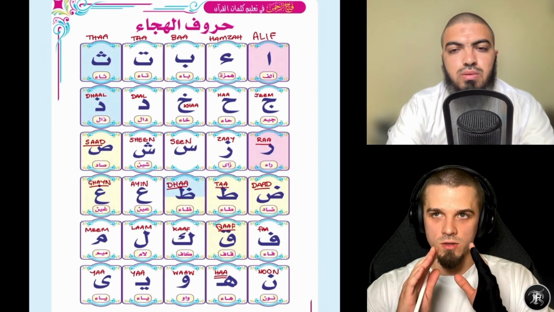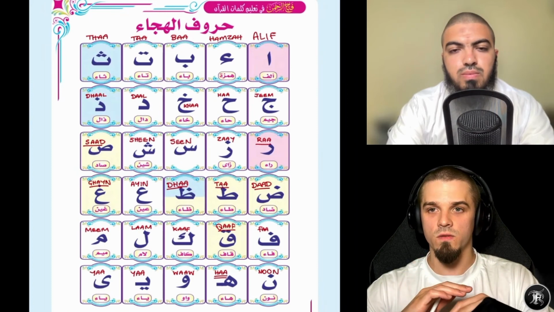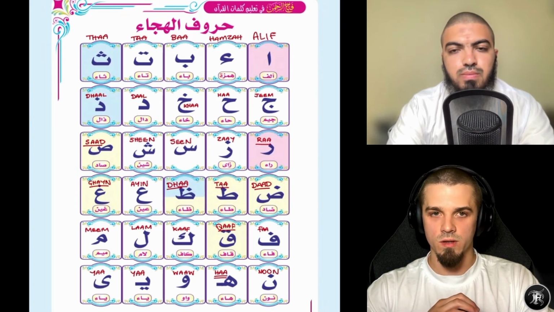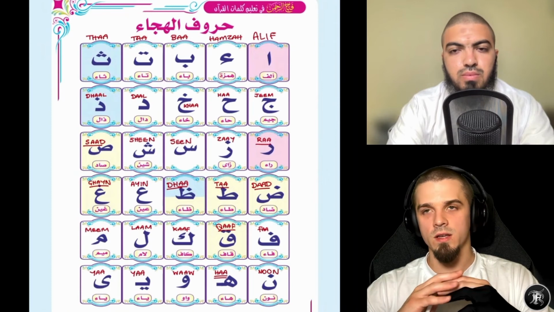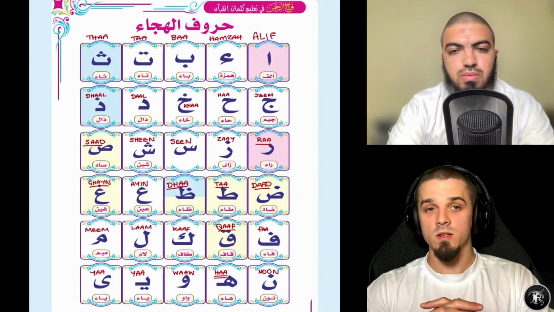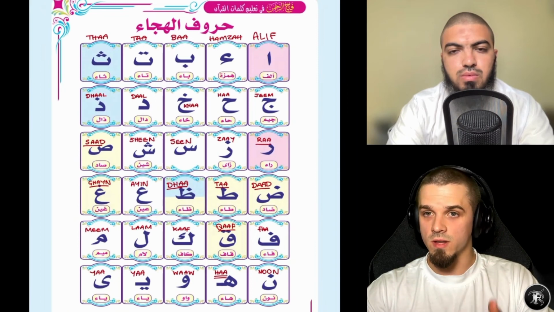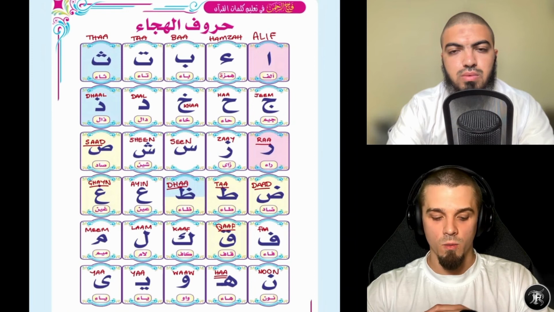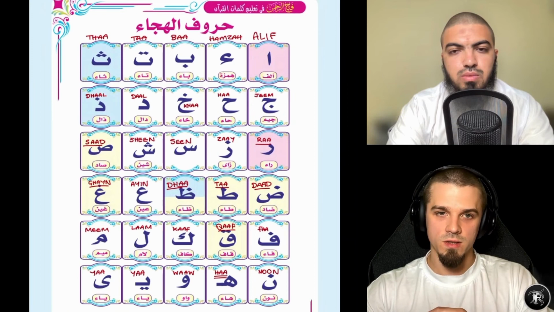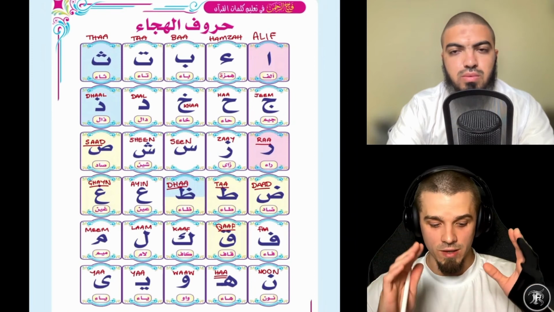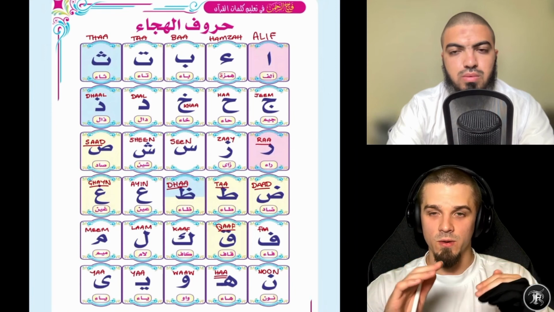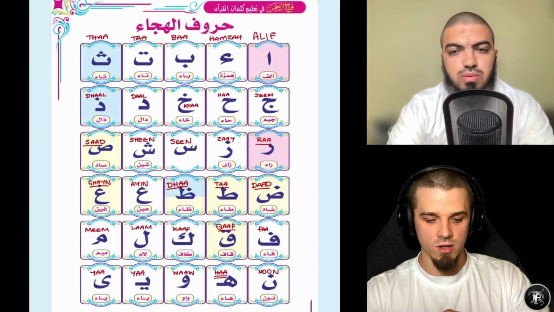As close as you can get to this, you'll have a very strong foundation for moving forward, and things will be very, very easy for you, inshallah. It is possible to learn to read Arabic in a matter of days or weeks, very quickly, once you have memorized all of these symbols. So again, this is one of the biggest challenges for you. Moving forward, it's going to be easy sailing from here, inshallah.